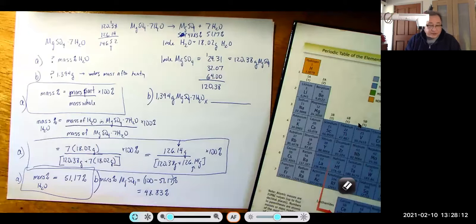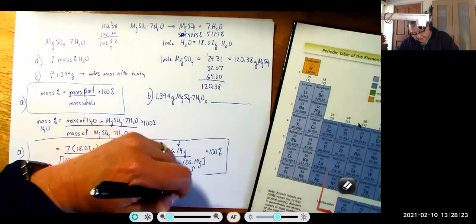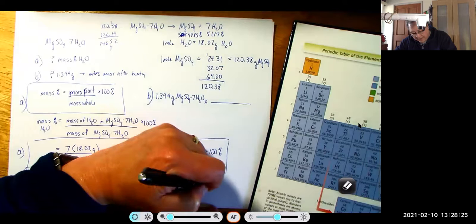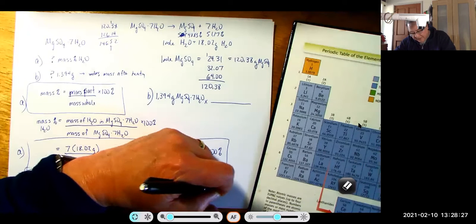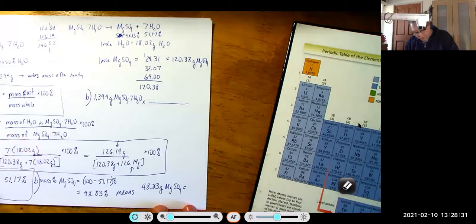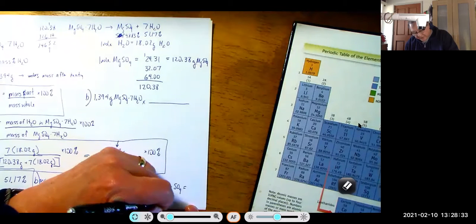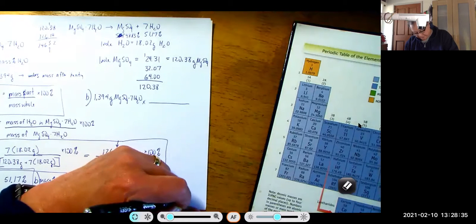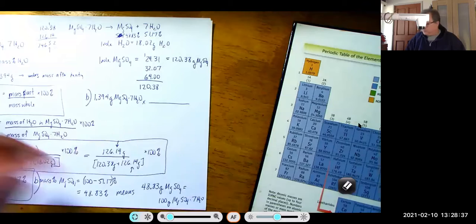And here's how you use this percentage and the way I would want you to use it. First of all, this means 48.83 grams of MgSO4 in 100 grams of MgSO4·7H2O.